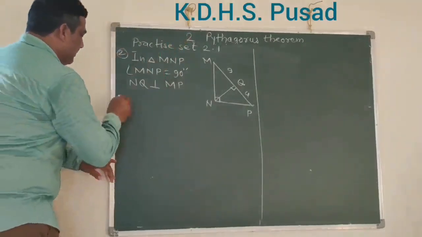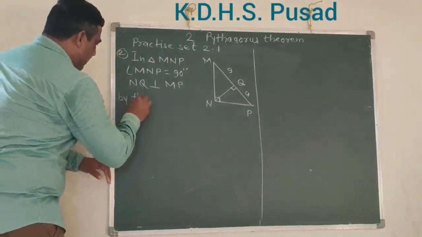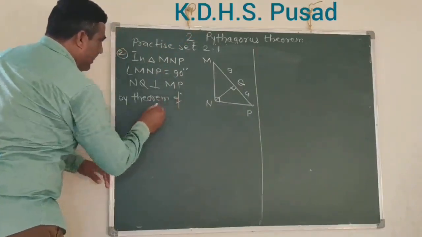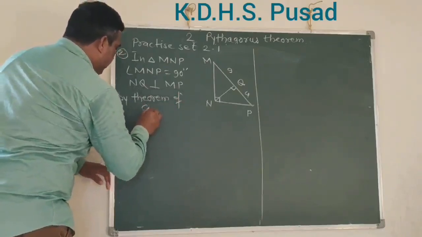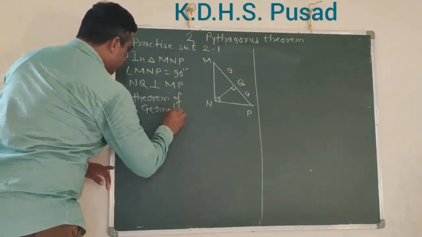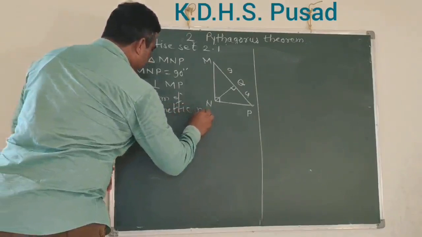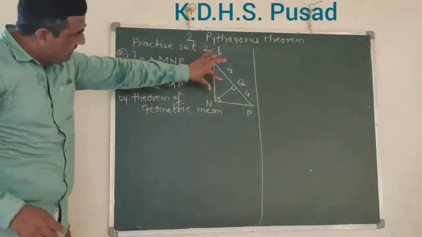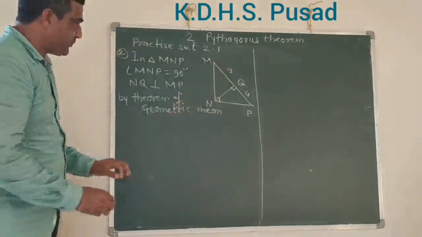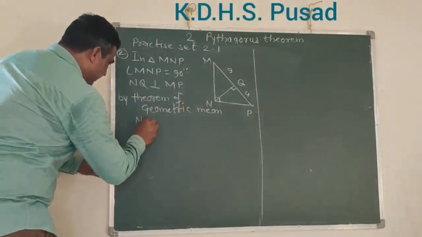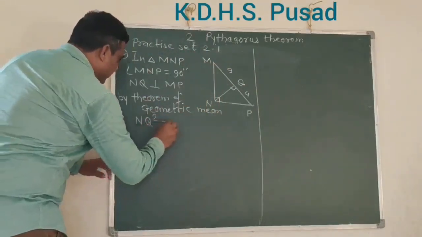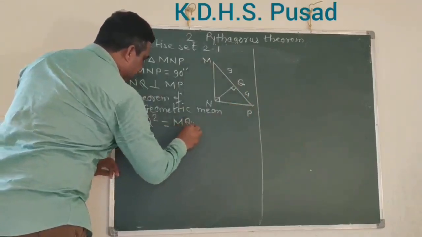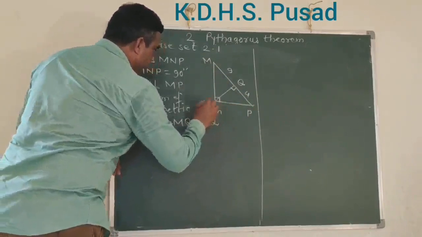Here, by the theorem of geometric mean. What does this theorem say? The perpendicular, this altitude, is the geometric mean of the two parts of the hypotenuse, m cube into p.